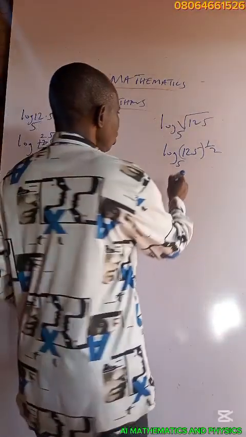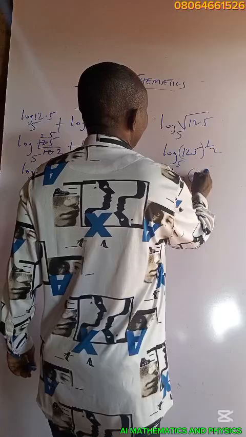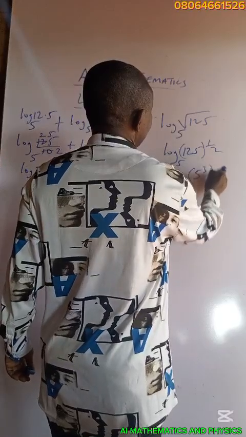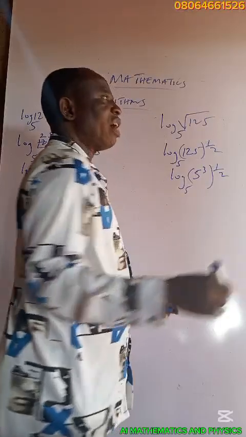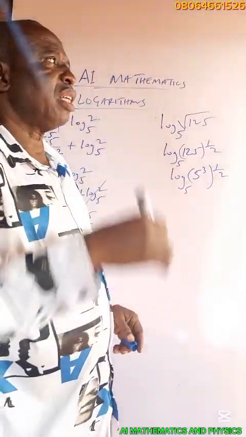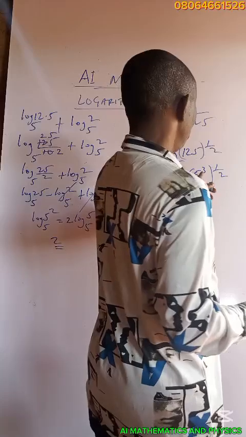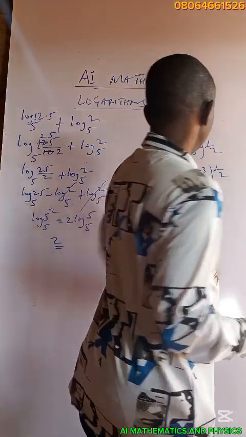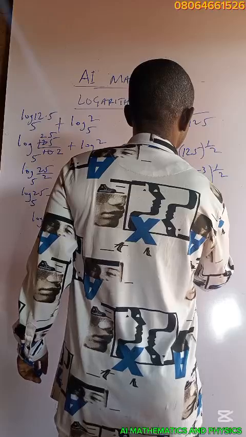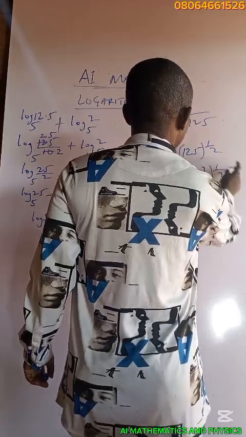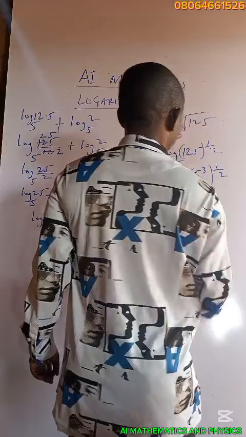Then next line, 125 means 5 raised to power 3, because 5 times 5 is 25, 25 times 5 is 125. Then rule of indices again, you want to remove this 3. You have log 5, 3 times 1, that would be 3 over 2 base 5.